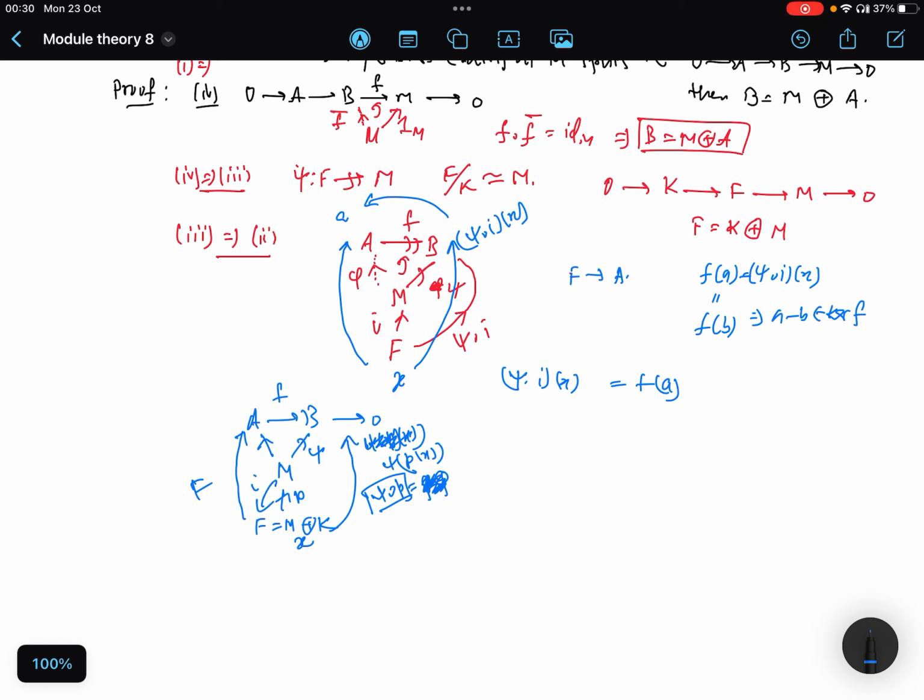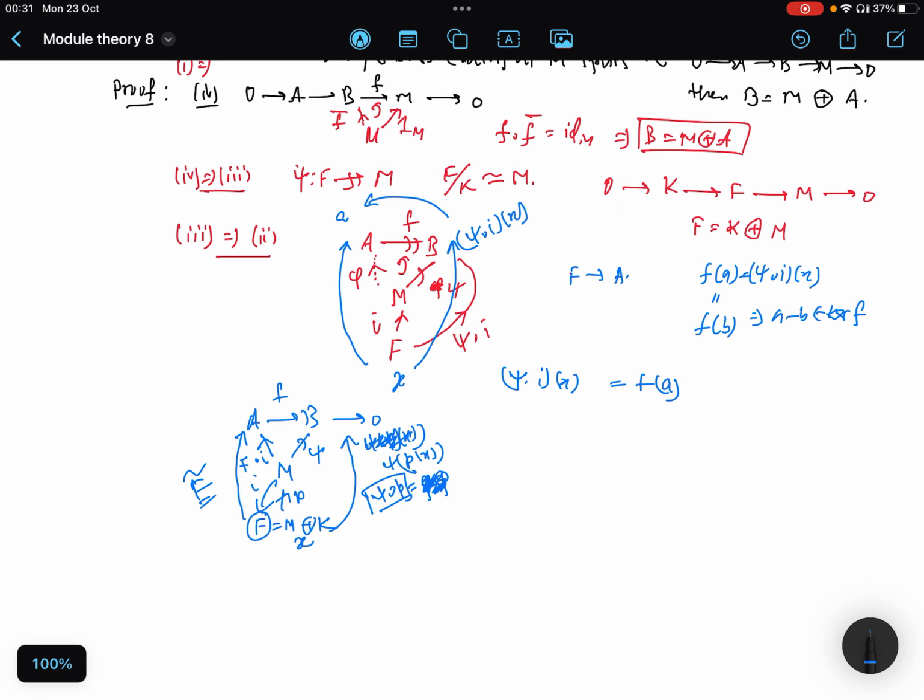Then you just apply F tilde to it and you get what you need. So that is our map from M to F, and then composing with F tilde you get a map from M to A, and obviously this diagram is commutative because of the universal property of the free module map F tilde.